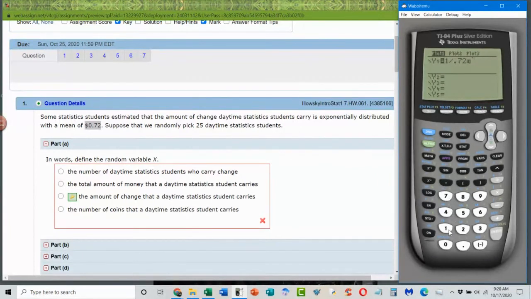One over m. Oh, that's a 0.10. That's why.